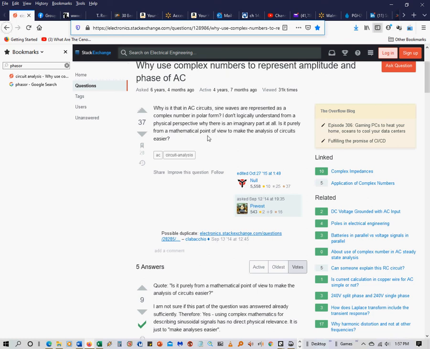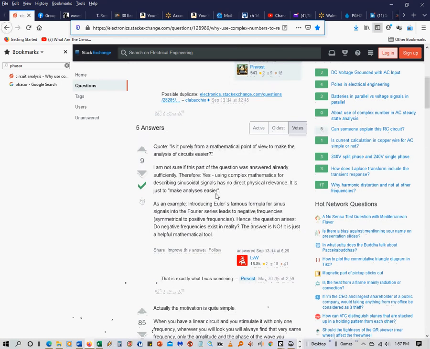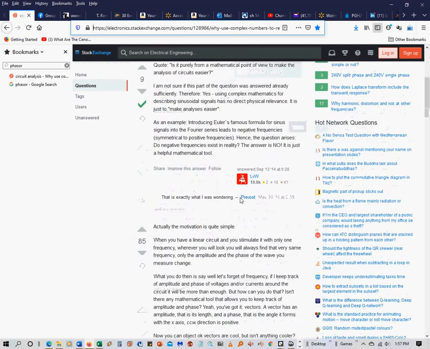Is it purely from a mathematical point of view to make the analysis of circuits easier? The answer is yes. Using complex mathematics for describing sinusoidal circuits has no direct physical relevance. It is just to make analyses easier.